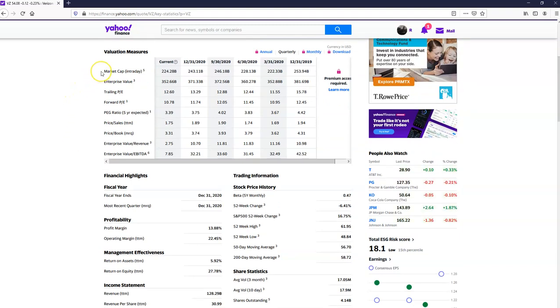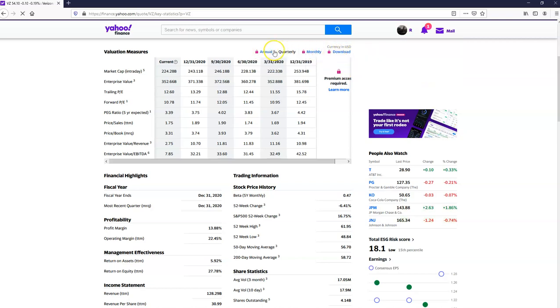The number that you see here again is the market cap. Notice that it has all these different dates now for the market cap, and if you pay for premium access, you could get it annually or monthly, so you can see the transformation of the market cap of the company over time. The market cap is basically the price of the stock today times the amount of stock available.